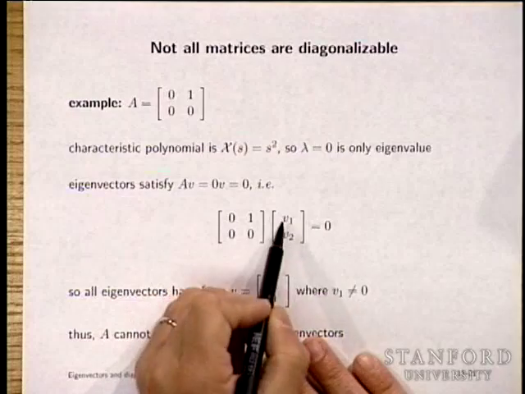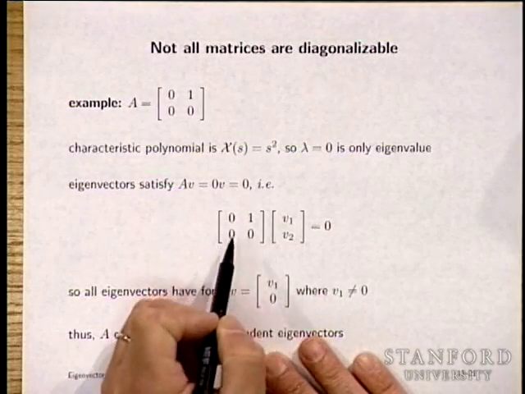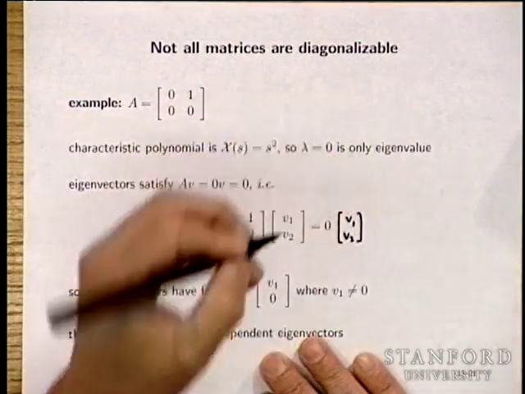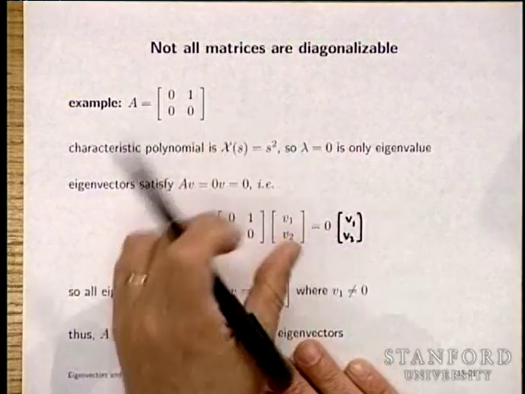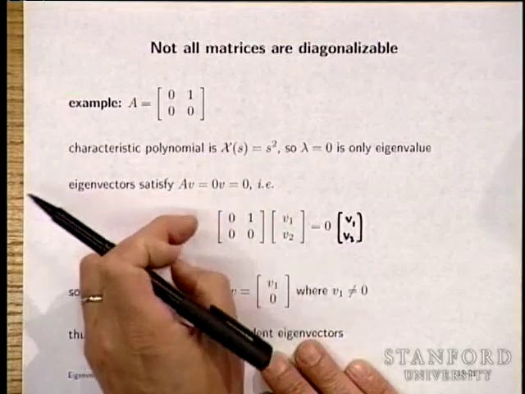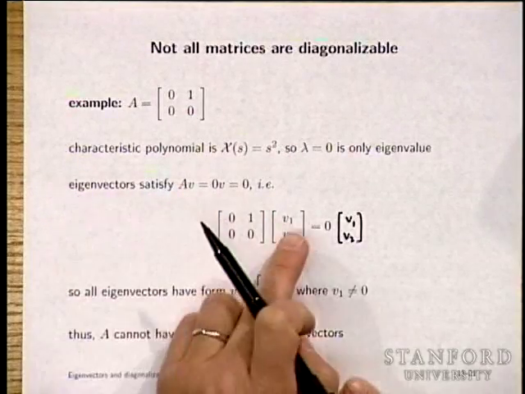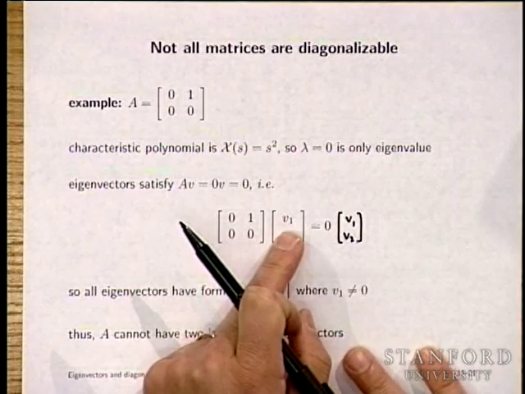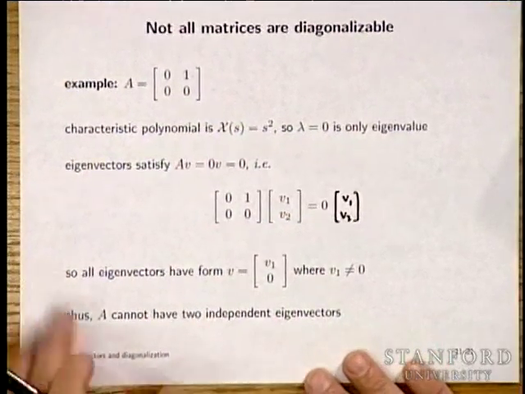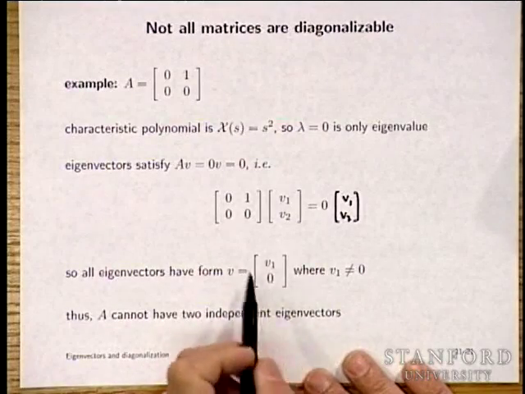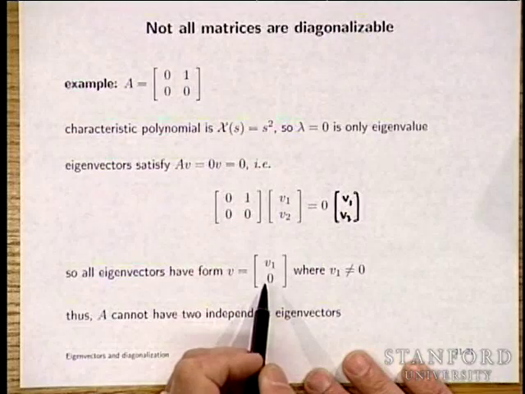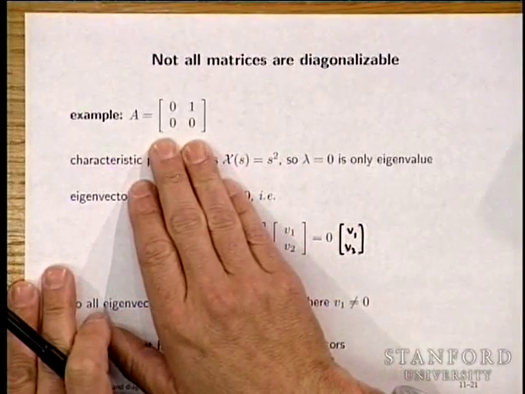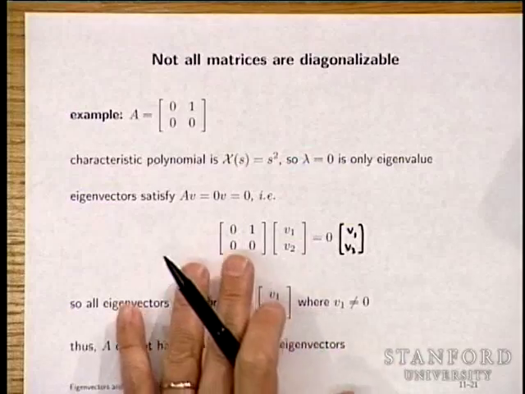So let's try to find vectors that satisfy 0, 1, 0, 0 times v1, v2 equals 0 times v1, v2. Well, the first row says v2 is 0. So v2 has to be 0, and v1 is the only thing we have to mess with here. The second row is always satisfied. And there's no way you can pick two vectors of this form that are going to be independent. It's impossible. Okay? So here's the canonical example of an A which is not diagonalizable.